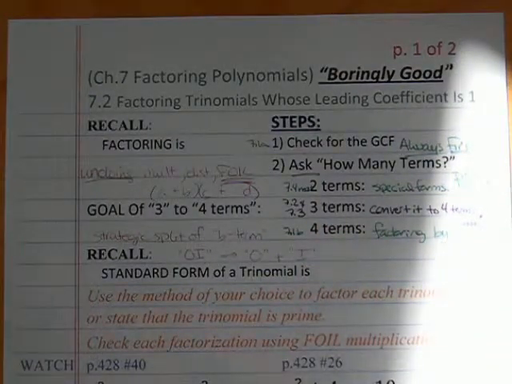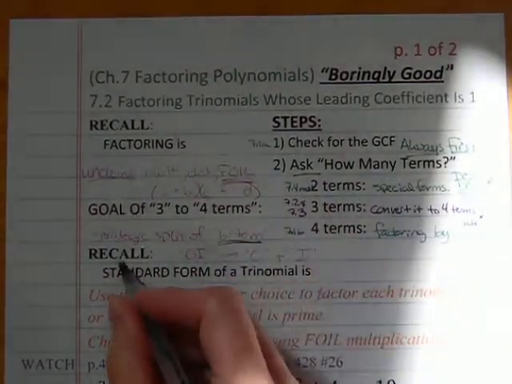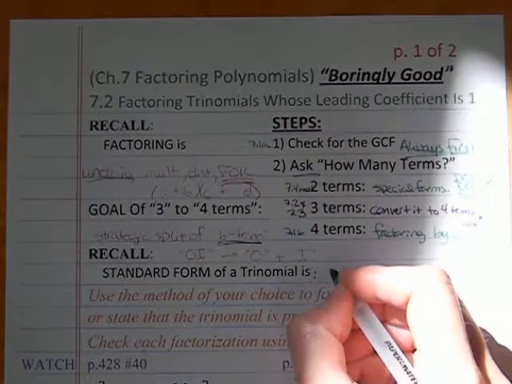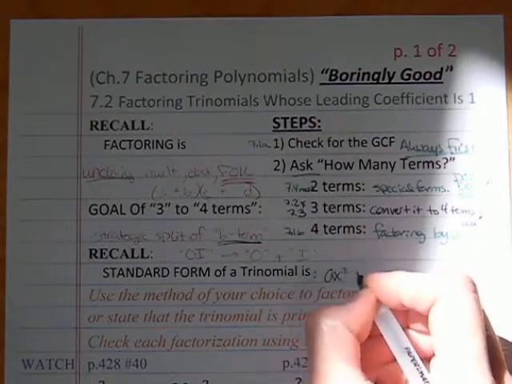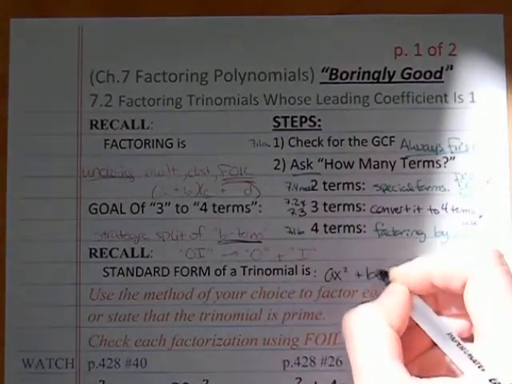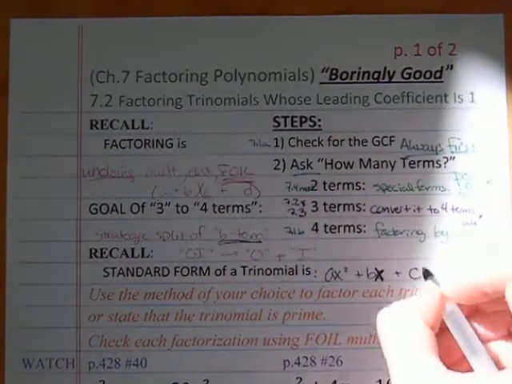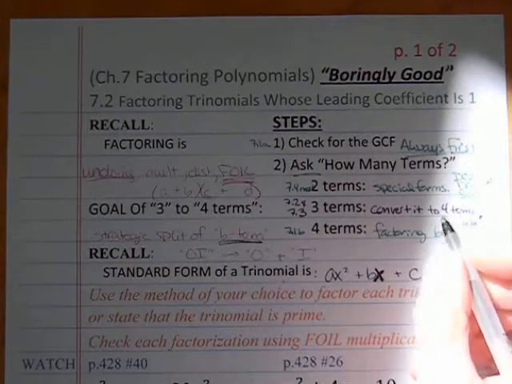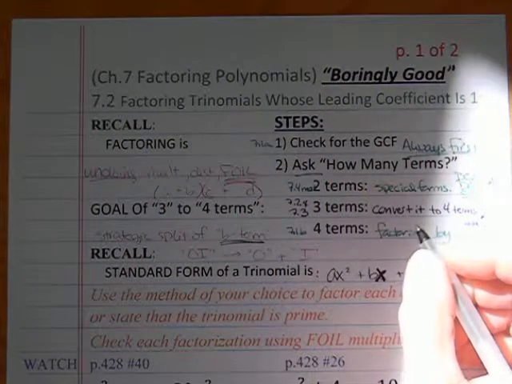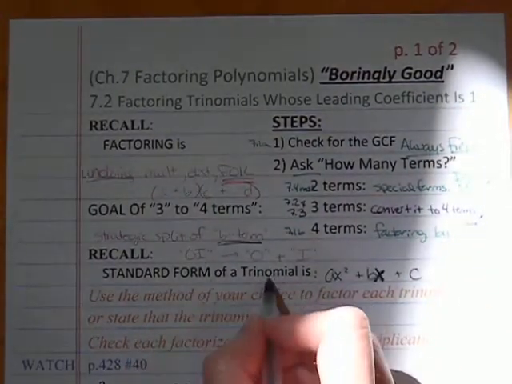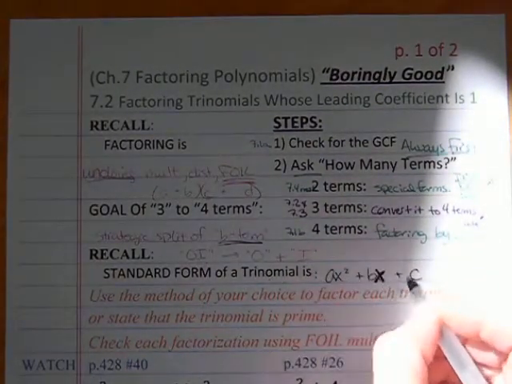So what do I mean by splitting the B term? Well, let's recall that the standard form of a trinomial, 3 terms, looked like this. ax squared plus bx plus c. And this is some Math 60 information that hopefully you were exposed to. If not, now's the time to get it learned here. The standard form of a trinomial, ax squared plus bx plus c.